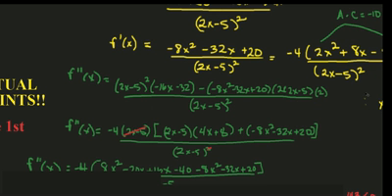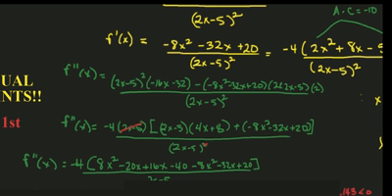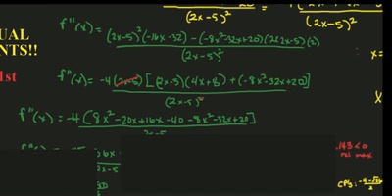And at that point you can cancel one of these with one of those, distribute, FOIL this out, you get that here. Combine your like terms, and you should end up with this equation here.